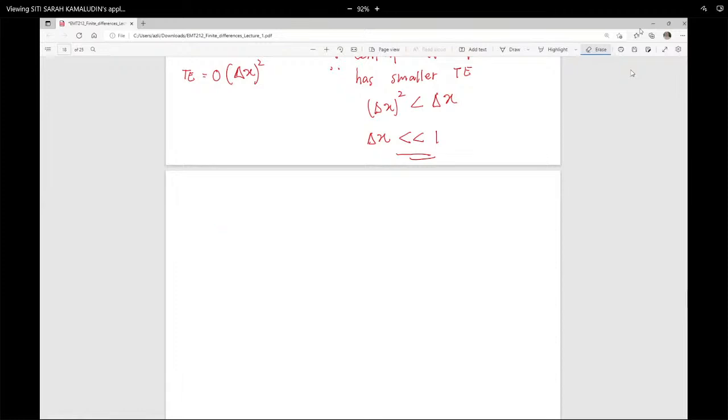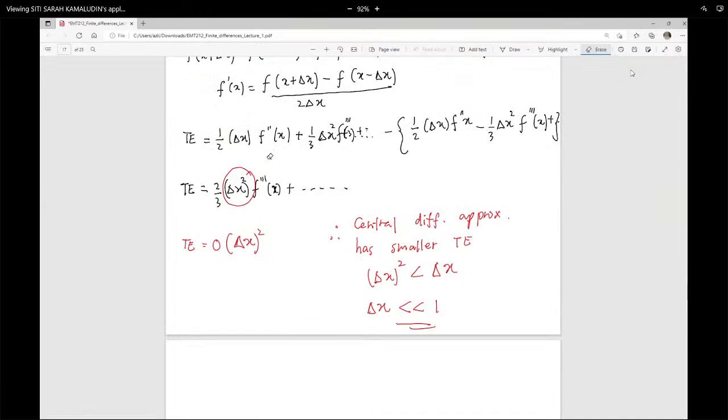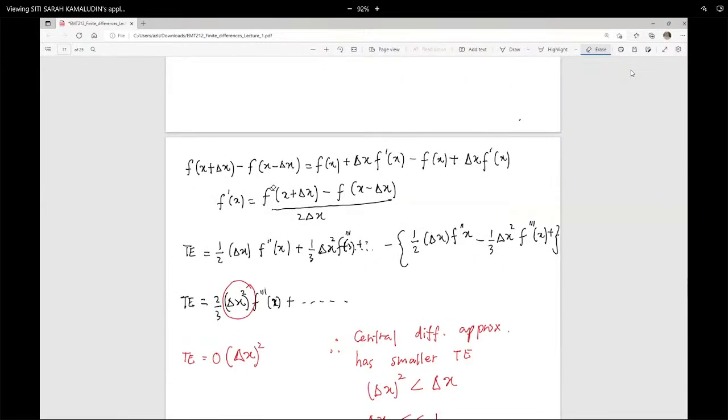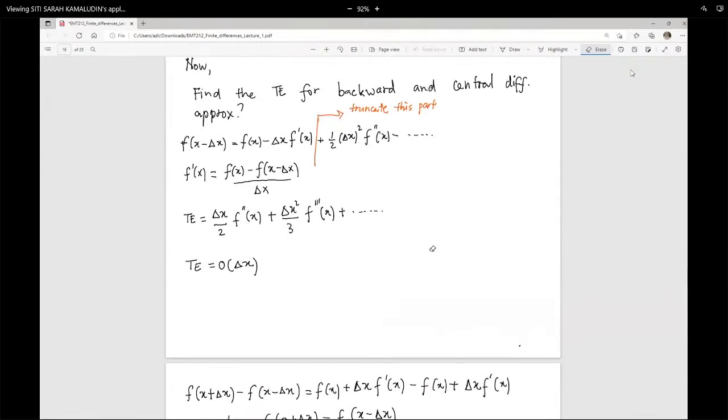The third term in the Taylor series, and the fourth term, is with 2 factorial, 3 factorial.